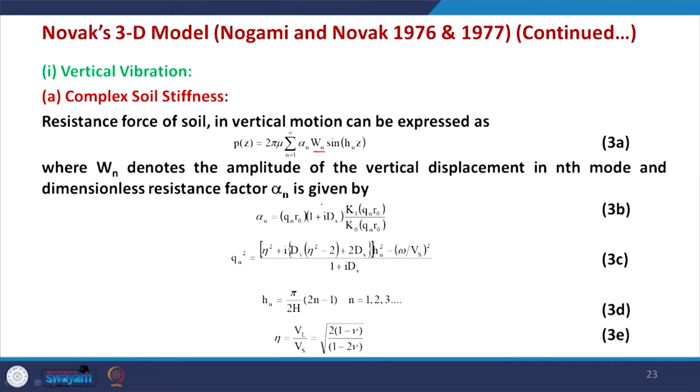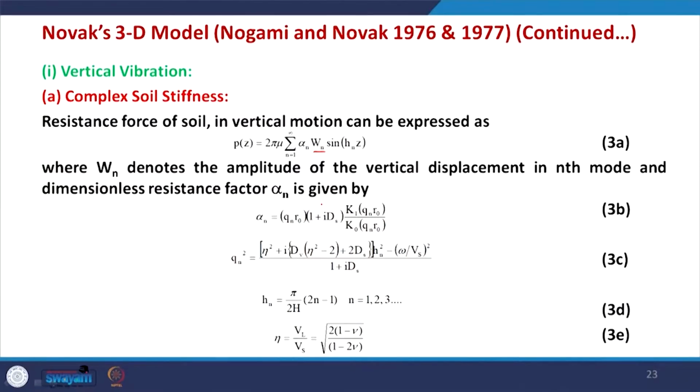That means the displacement is varying along the depth, and n again represents the mode of vibration. The dimensionless resistance factor alpha n in this theory is given by the relation here, where K1 and K0 are Bessel functions, this one of the 0th order and this one of the first order.